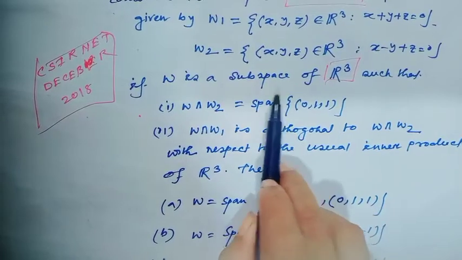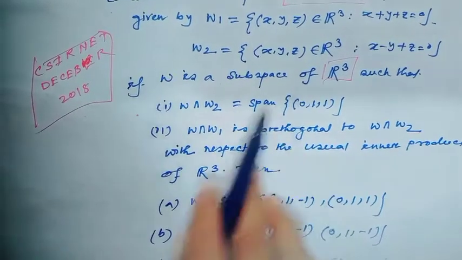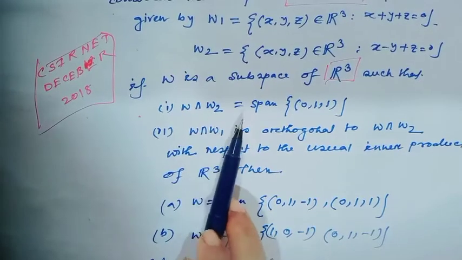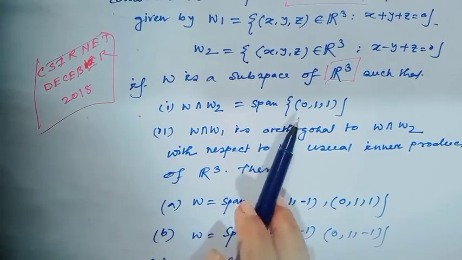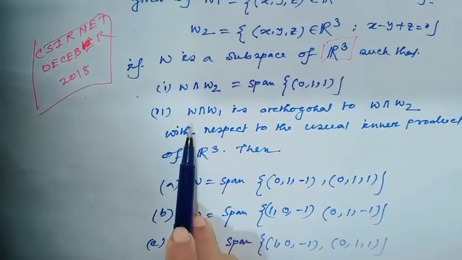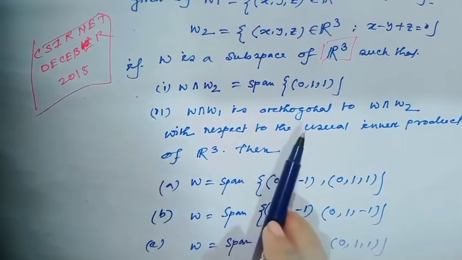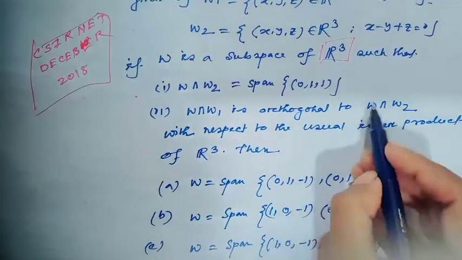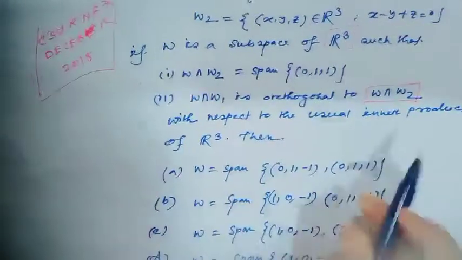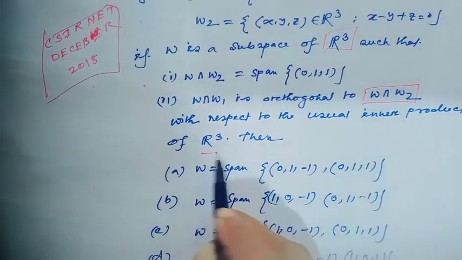Two conditions are described above for this subspace W. Condition 1: W intersection W2 equal to the span of the set {0, 1, 1}. Condition 2: W intersection W1 is orthogonal to W intersection W2 with respect to the inner product of R3.